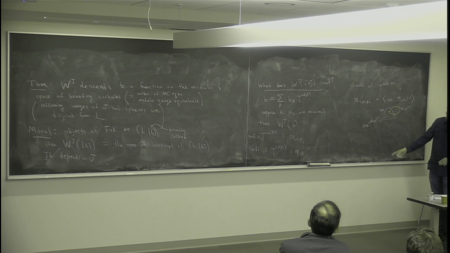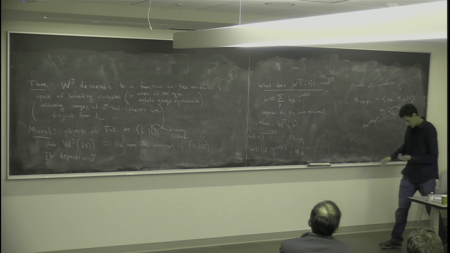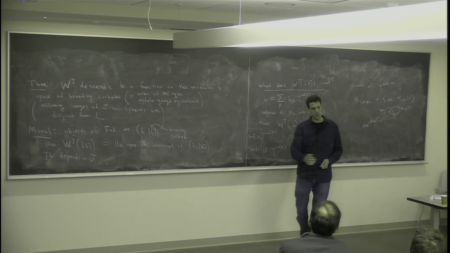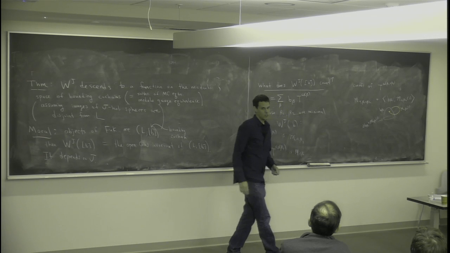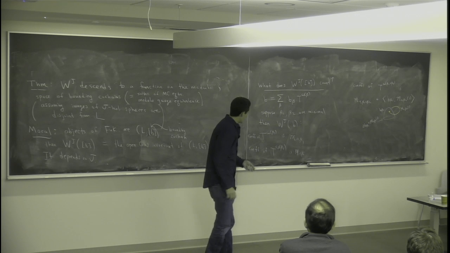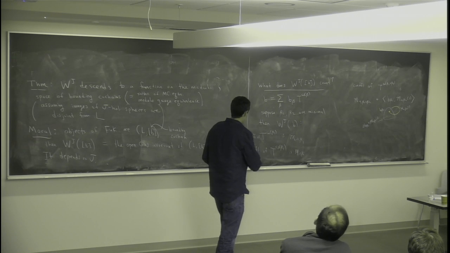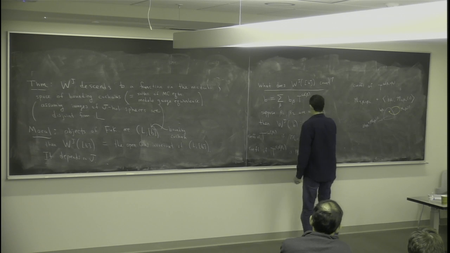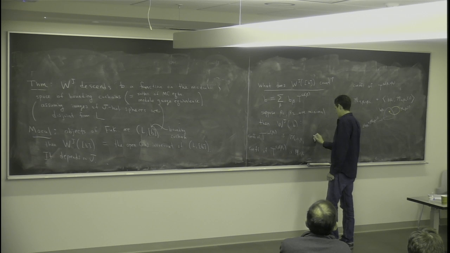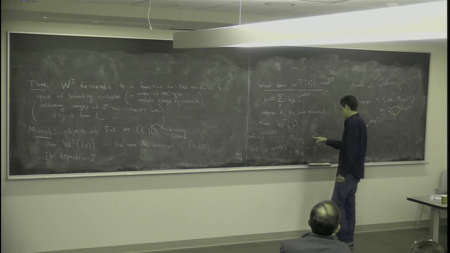To organize this, you can think of this term as corresponding to some kind of weighted tree. The weighted tree should be a very simple one. It's just a single vertex, beta 1, associated to it. This one corresponds to a single vertex of beta 2. This one is a single vertex with beta 1 plus beta 2.